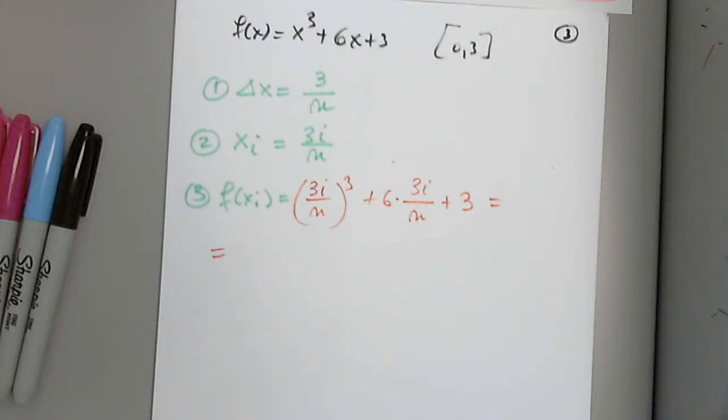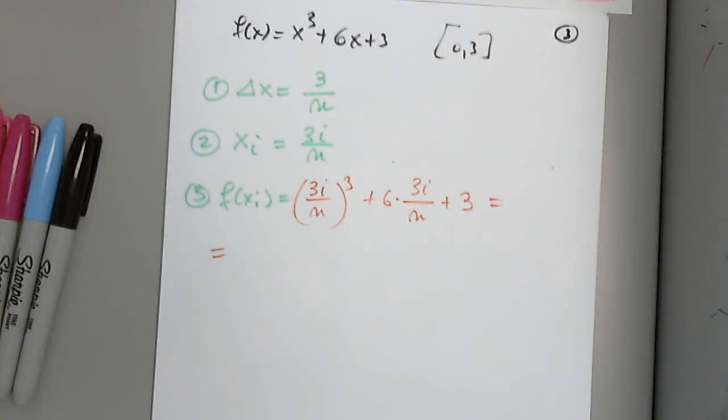Repeat? The formula for delta x is b minus a over n. So, over n, that's delta x. Yes, the number of subintervals.